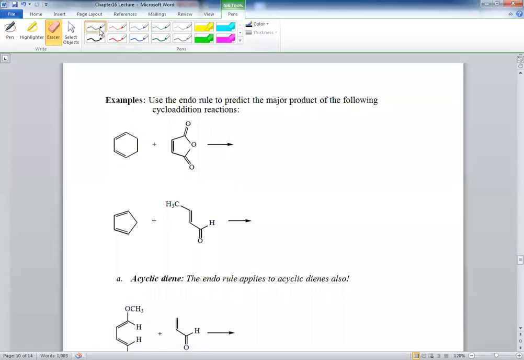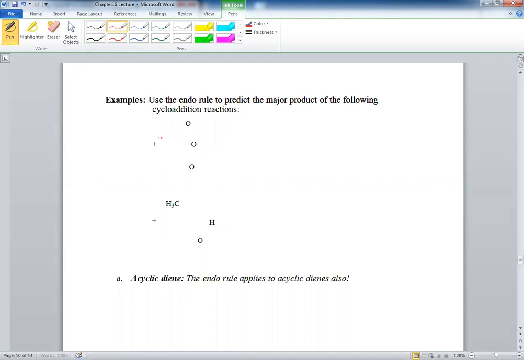So let's use the endo rule to draw the correct structure of the cycloaddition reaction. Once again, there's no difference here, is we have to realize that there's a connection forming between the diene and the dienophile.